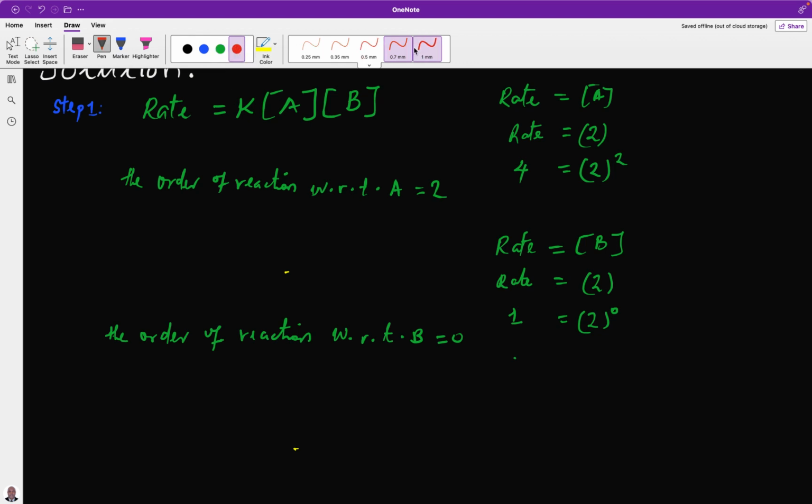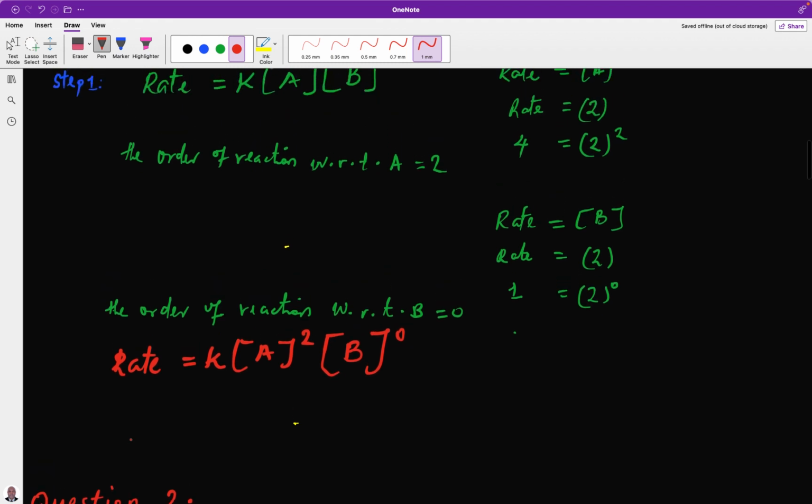Our rate equation now will be: rate is equal to K, the concentration of A to the power 2, that's the order of reaction, times the concentration of B to the order 0.